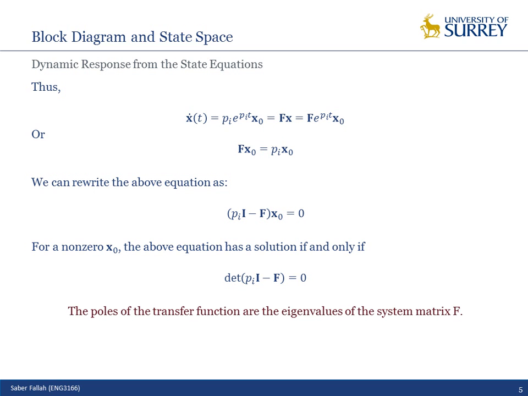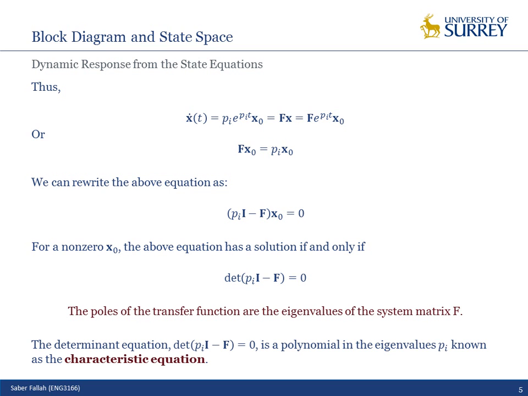But before that, the poles of the transfer function are the eigenvalues of the system matrix F. This is a very important statement. If you want to continue your education in control systems or your future career as a control engineer, this statement is very important.